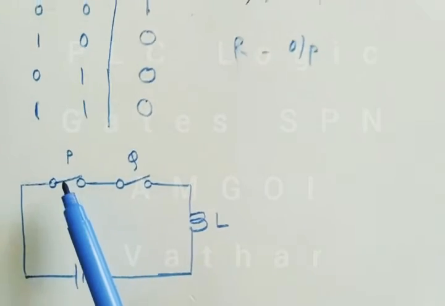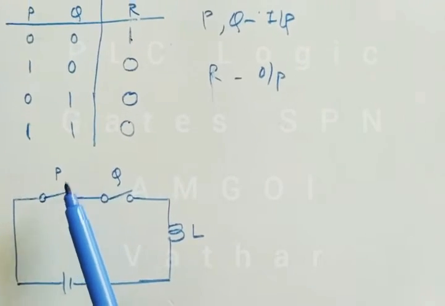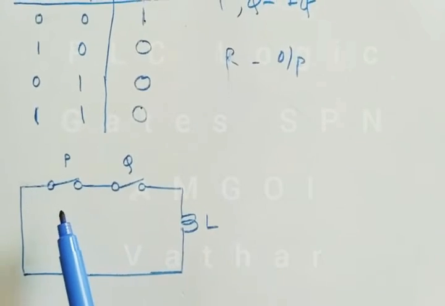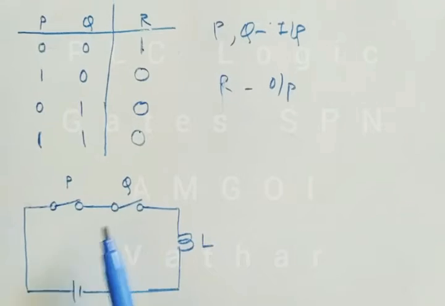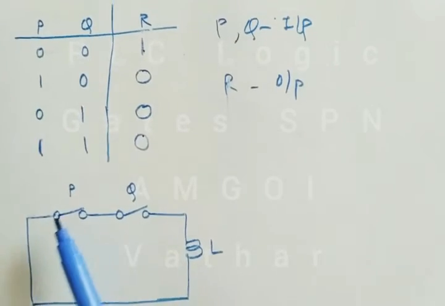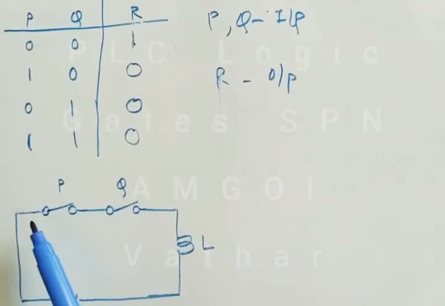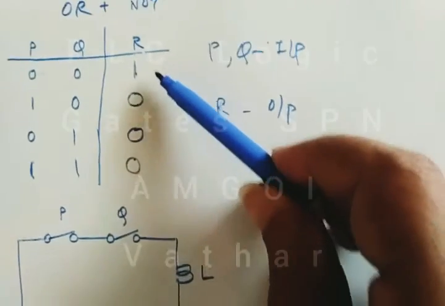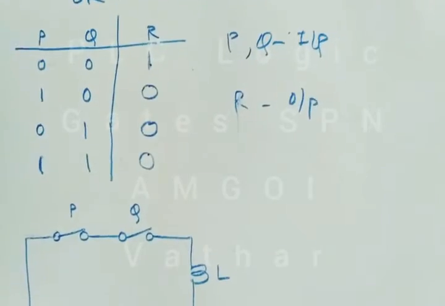Thus, when both the switches are off, meaning if you do not press them, they are off, but because they are normally closed, they will carry the current and the lamp L will become on. This is condition 1 which is shown.